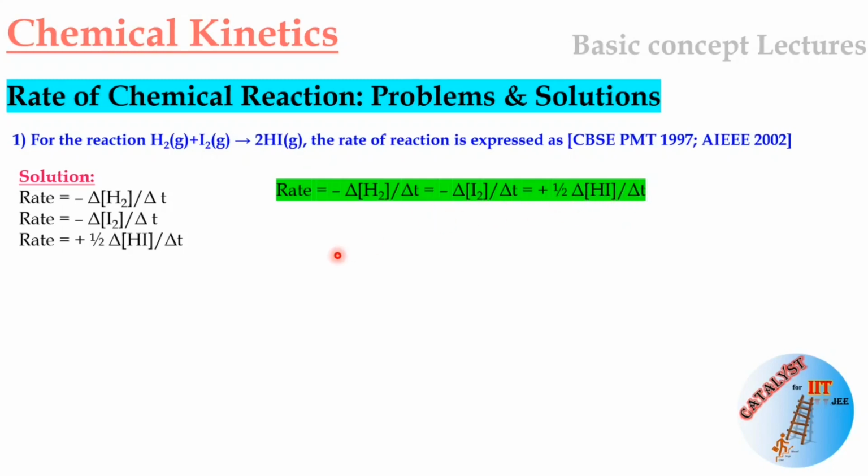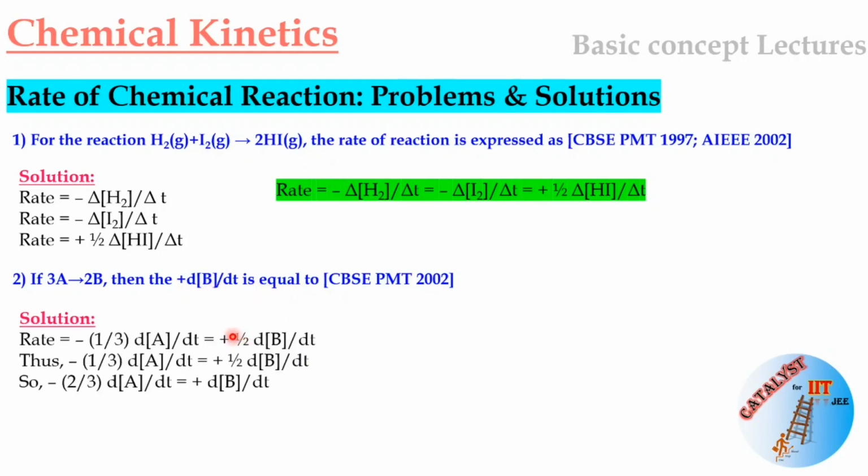Now the next question: if 3A is going to form 2B, then what is plus dB by dt? Rate is equal to minus 1 by 3 dA by dt, because the coefficient is 3 here so it will come as 1 by 3, and this is my reactant so you need to put a minus sign.